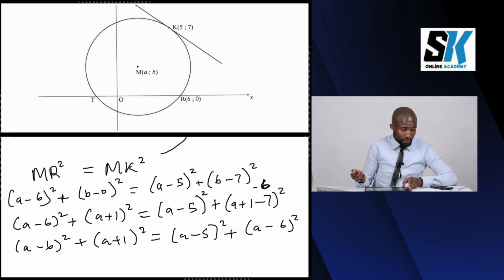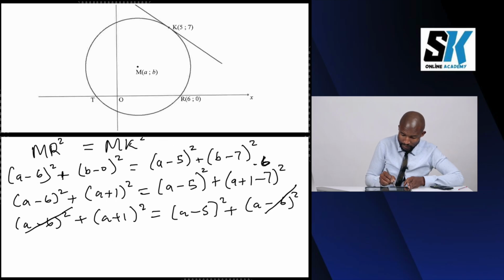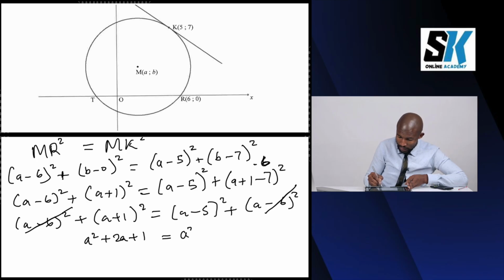To not get confused, we know that the (A minus 6) squared will cancel the other (A minus 6) squared on the other side. So on this side we're going to have A squared plus 2A plus 1, and on the other side where we have (A minus 5) squared, we're going to have A squared minus 10A plus 25.